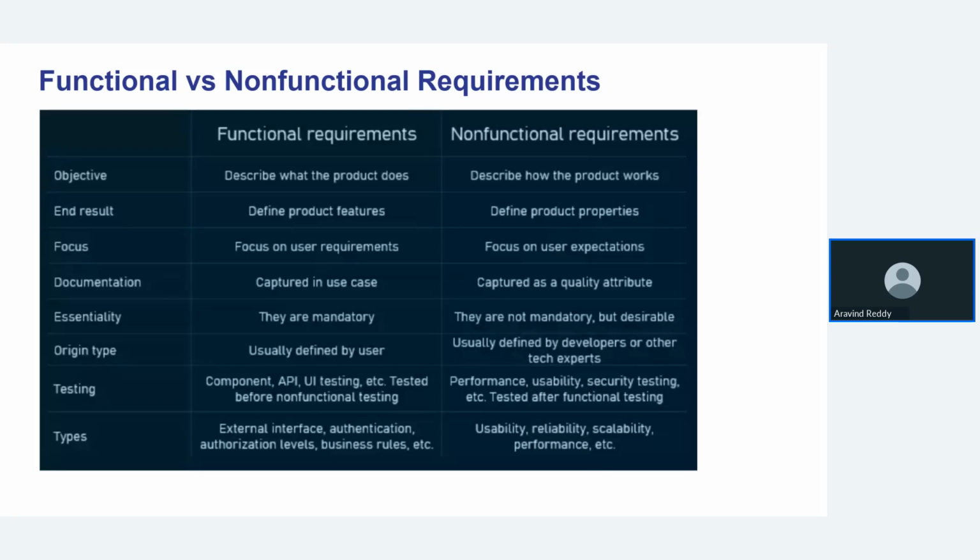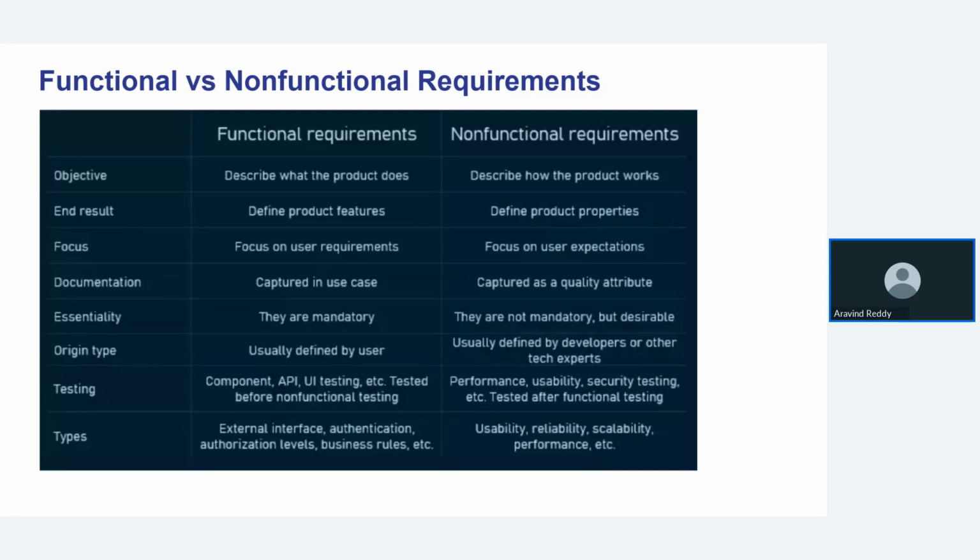For example, if you put a button named sign in, what will this sign in button do? If you give the information, it will give you an account to access that portal, right? It will allow you to sign in. If it's a login button, then if you have an account, you can log in to that web page. So every button is going to have one functionality. So it describes what the product does.